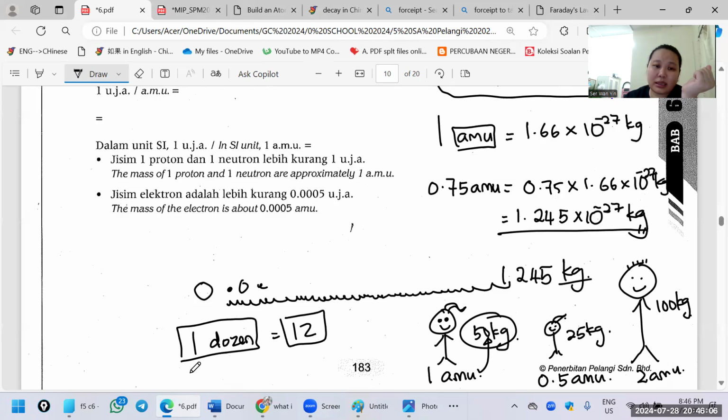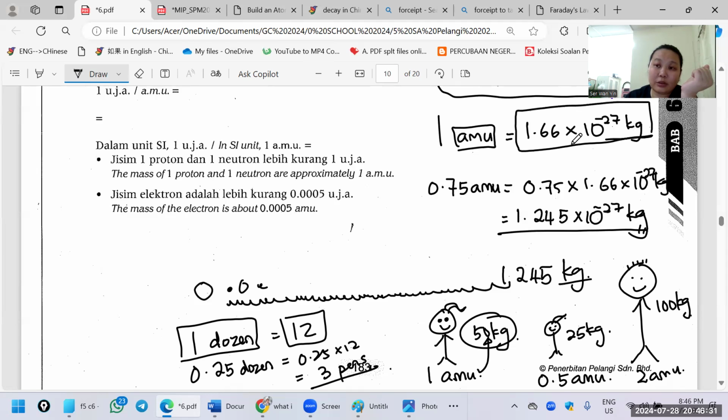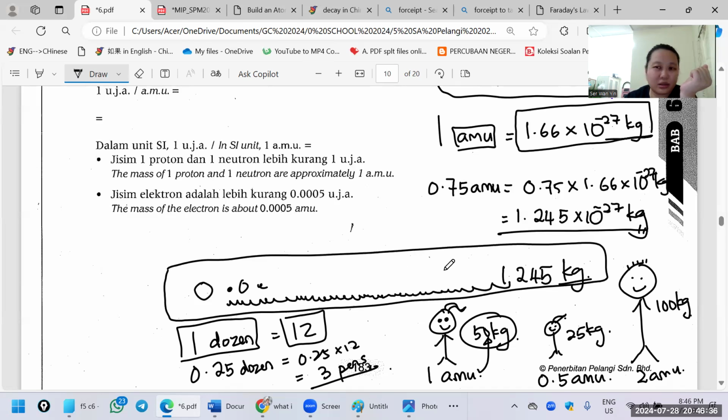Then if I say I have 0.25 dozen, it means 0.25 times 12, that's 3 pieces. It's like a ratio. So wherever AMU you get, you times back kg, you will get back the kg. Because the atom is too small, we cannot use kg. We normally write in AMU.